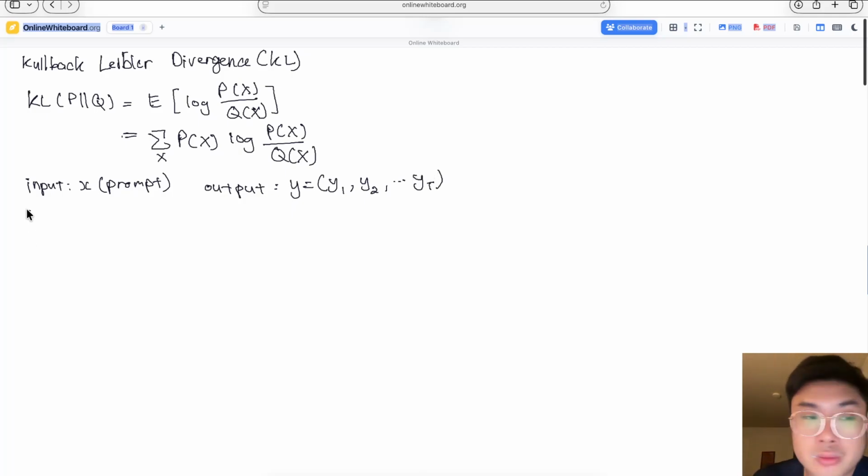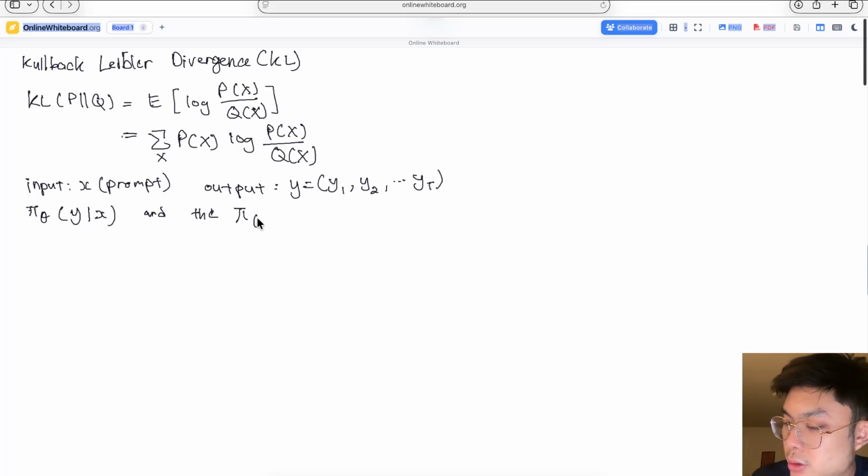Now when we're training, we have the new policy, which we call pi theta of y given x, and the old policy, which we call the reference.